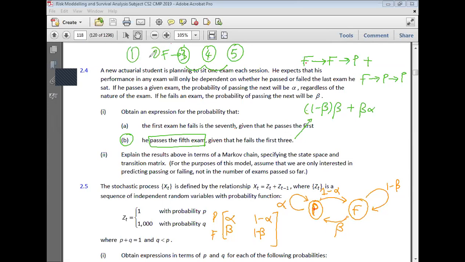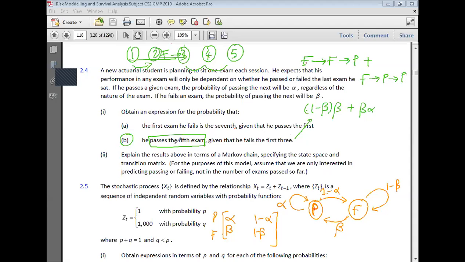So 1, 2, 3, which I haven't written. So the 3rd exam that he took, he failed that exam. Now I have to see what is the chance that he will pass the 5th exam? So if this is the 3rd exam, this is the result of the 4th exam, and this is the result of the 5th exam.